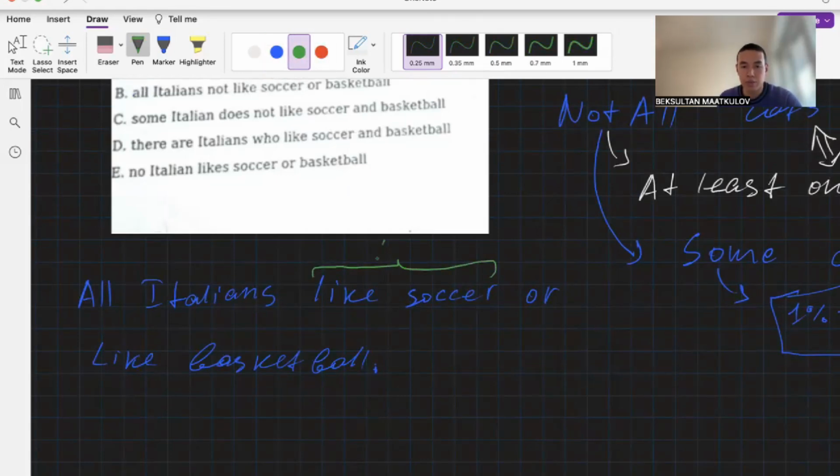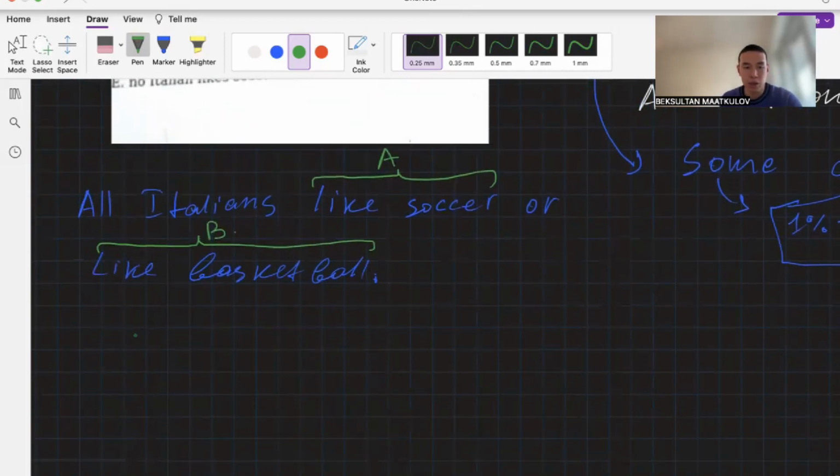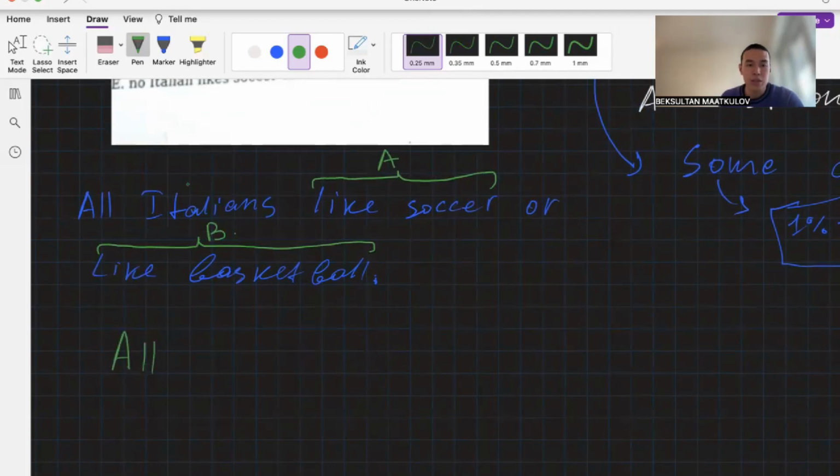Let's say this is our A. And let's denote like basketball. This will be our B, right? And in the new statement, instead of Italians, let me write just the letter I. All I are A or B.